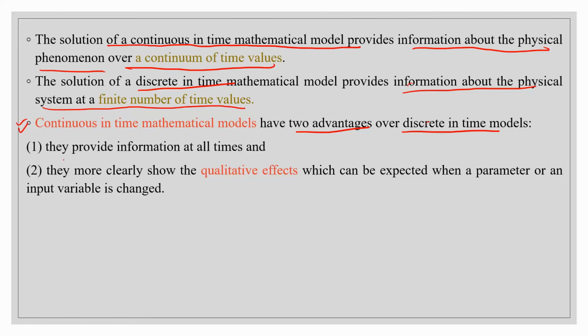They provide information at all times, and secondly, they more clearly show the qualitative effect which can be expected when a parameter or an input variable is changed. So if we change a parameter or variable in our model, what type of qualitative changes the system will have is more clearly seen in the continuous time model.